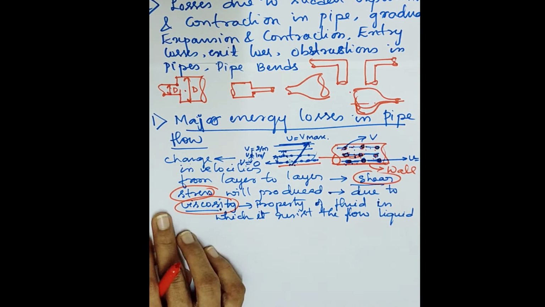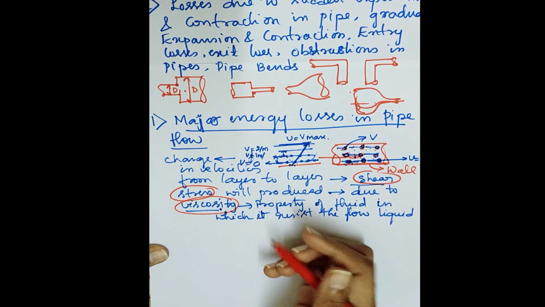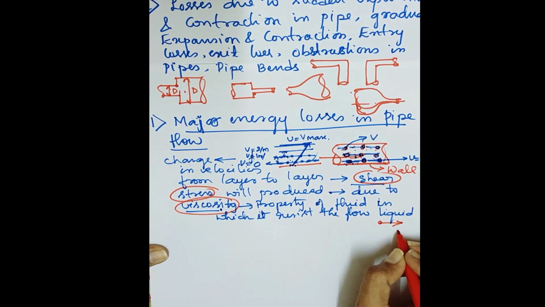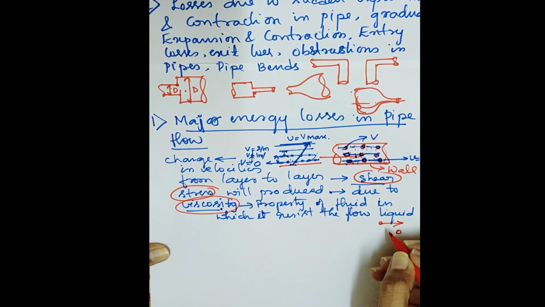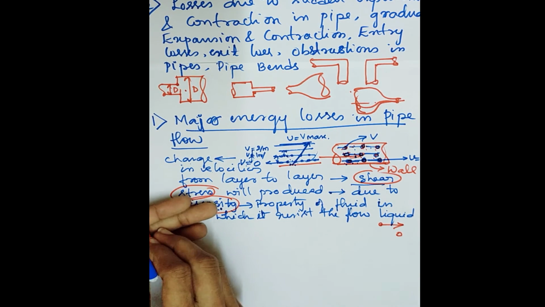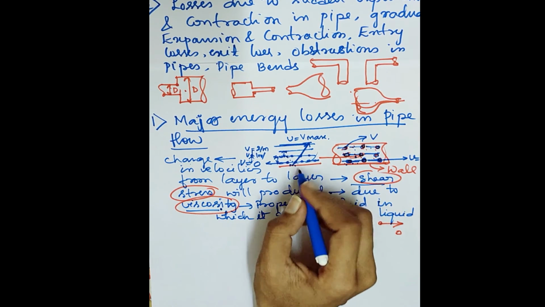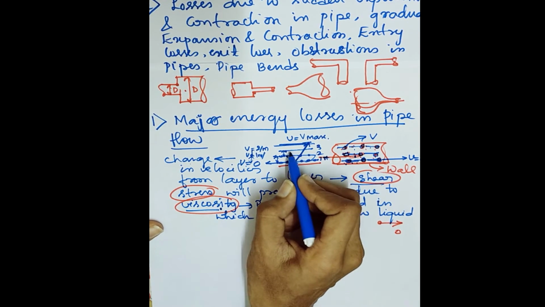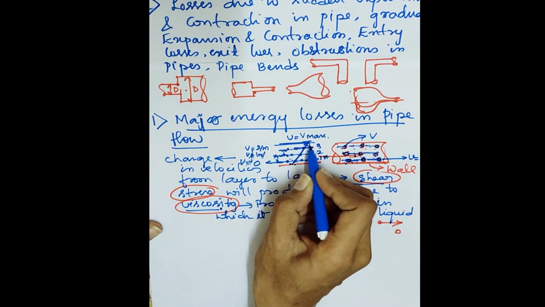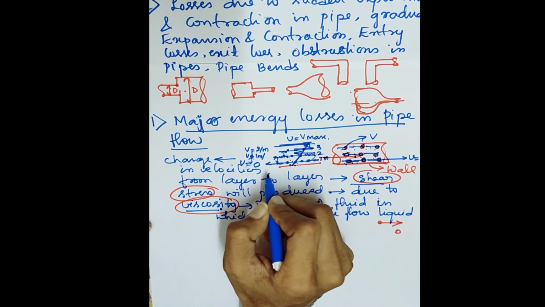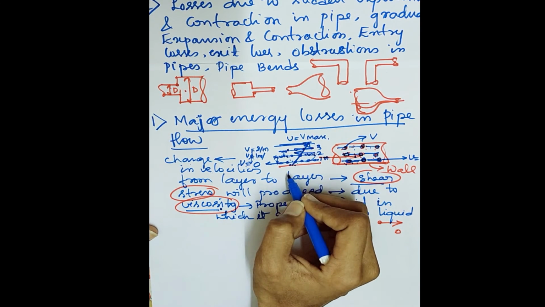Due to this viscous action, meaning the resistance action, as I told, this particle will be moving in this direction. As you see in this figure, this is the first layer, second layer, third layer. If the third layer particles are moving in this direction, then the second layer particles will try to resist that flow of the third layer.